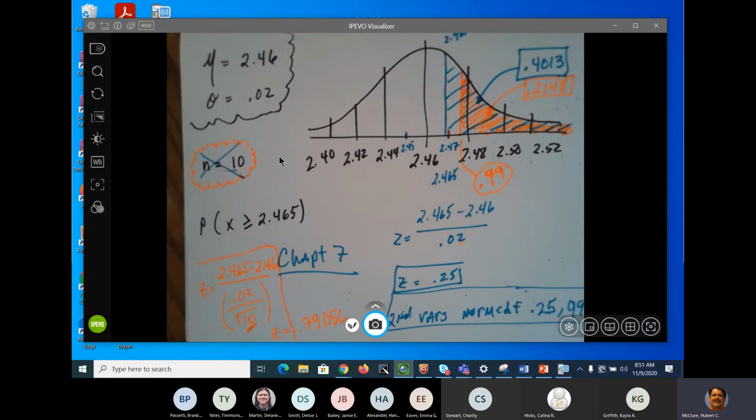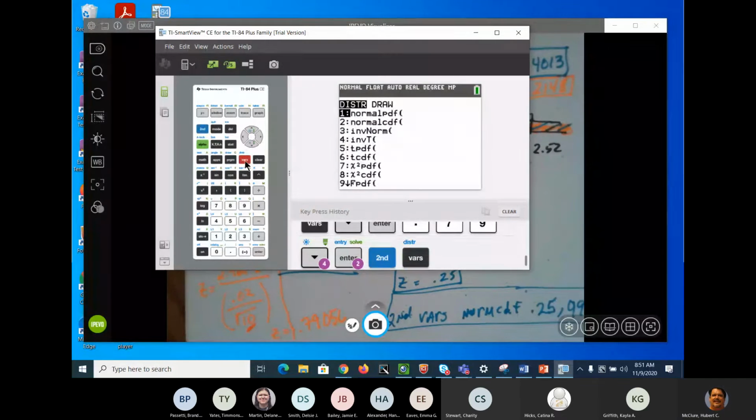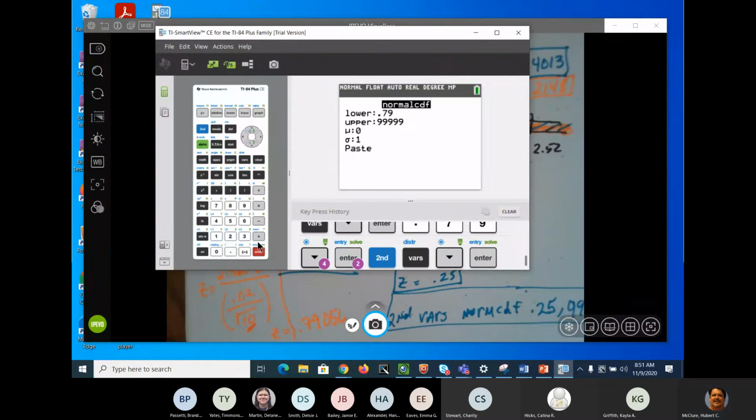Now, if you're using a newer calculator, you would just type in second vars, normal CDF. My lower is 2.465, and 9999, and 2.46.